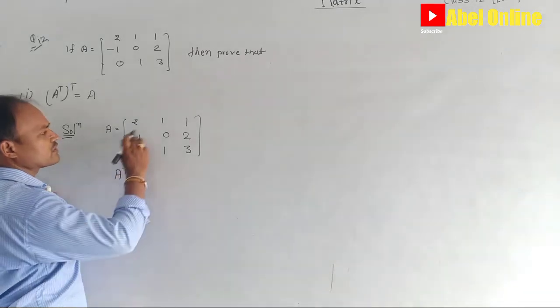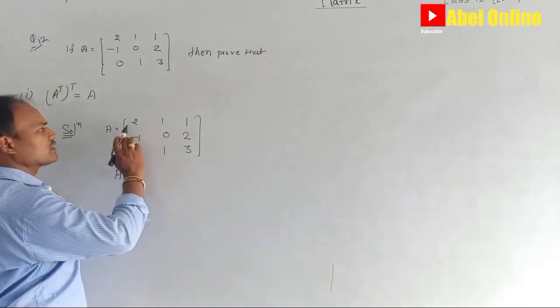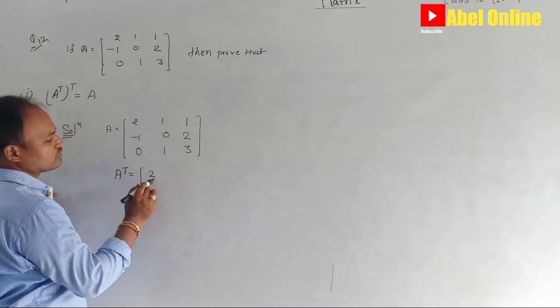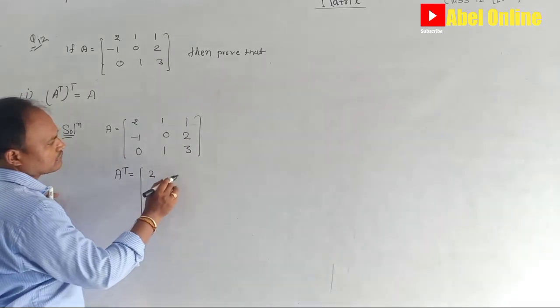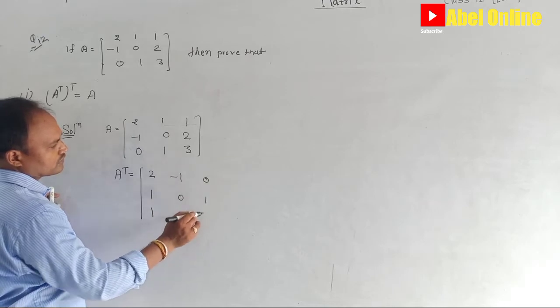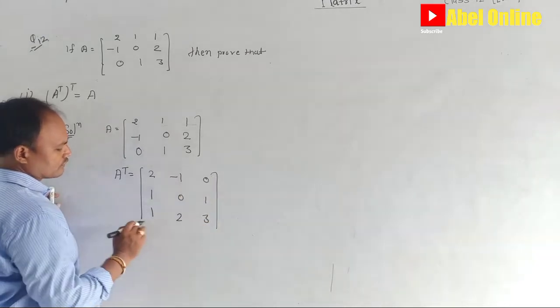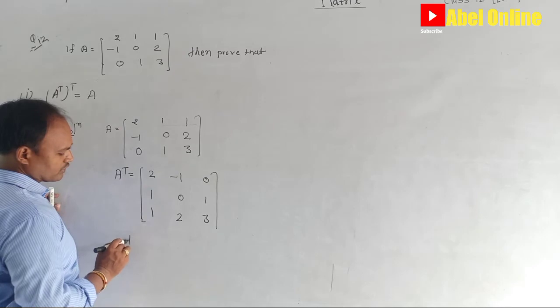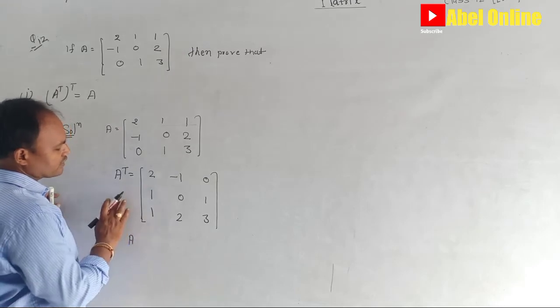A transpose means just convert row to column: 2 1 1, minus 1 0 2, 0 1 3 becomes its transpose.